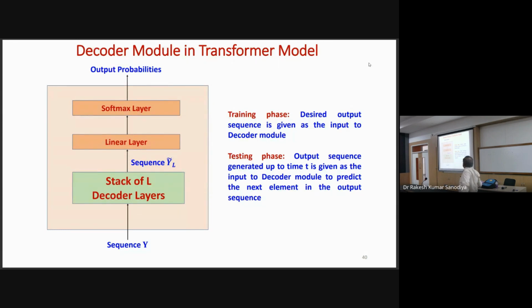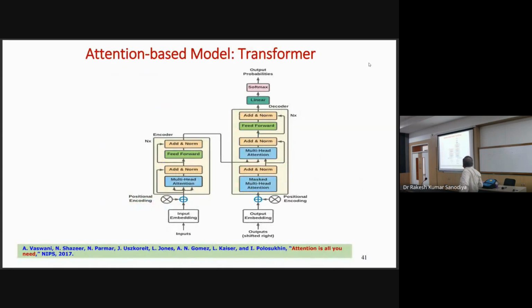So in the training phase, the desired sequence is given as the input to the decoder module, but in the testing phase, the output sequence generated up to time t is given as the input to the decoder, and then we predict the next element in the output sequence. Okay. So now you know what all these elements are.